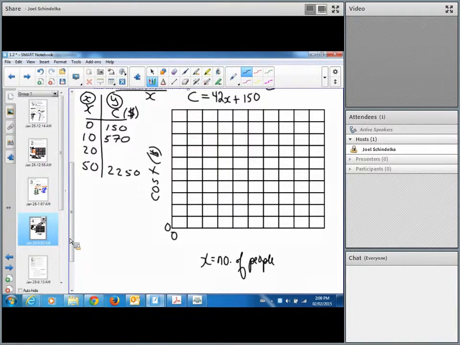The squares: 1, 2, 3, 4. So what's 42 times 20 plus the 150? Yeah, for 20. 990, okay, I believe that.